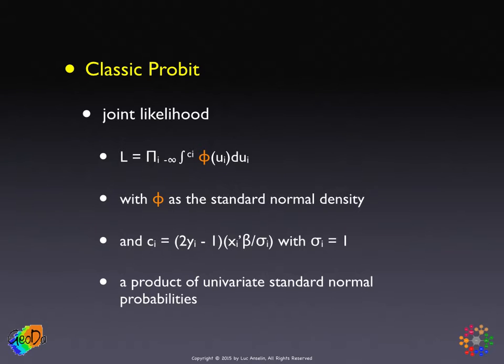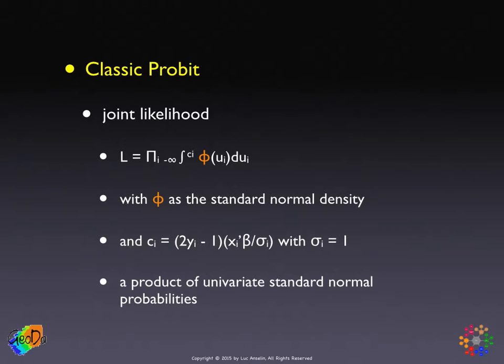c sub i. And c sub i, again, to be able to use a single notation for both the observed 1 and observed 0 cases, which are only different in terms of their sign, we preface x sub i beta divided by sigma i by a new term that is 2 y sub i minus 1.